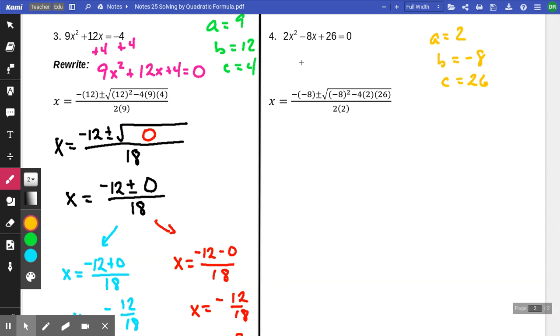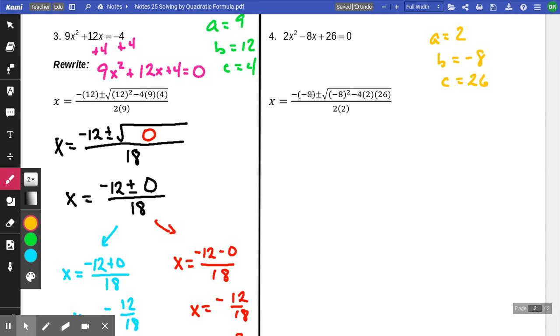You might also notice that all of our terms are divisible by 2. And in terms of factoring, that could help you to divide by 2 before you get started. However, with the quadratic formula, and because we have calculators, it doesn't matter if we're using the numbers that were given or reduced values, because it's all going to work out the same in the end anyway. So I just kept it all the same.